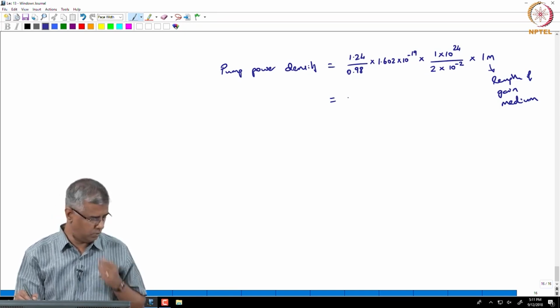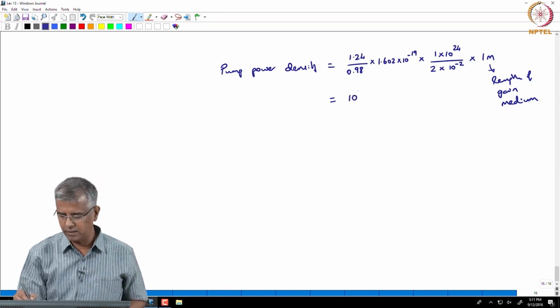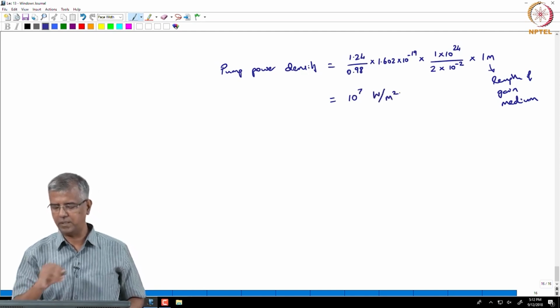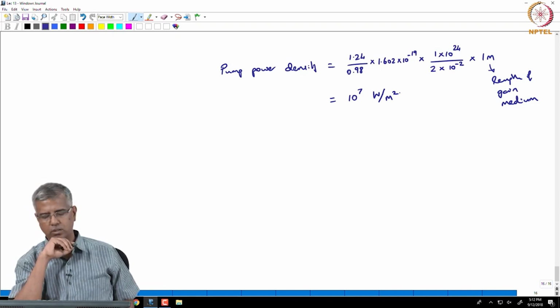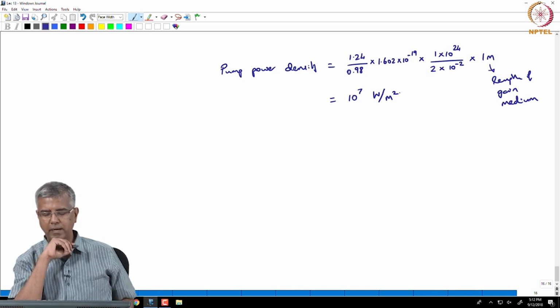So, this would work out to be 10 power 7 watt per meter square. Okay. So, that is 10 megawatt per meter square.